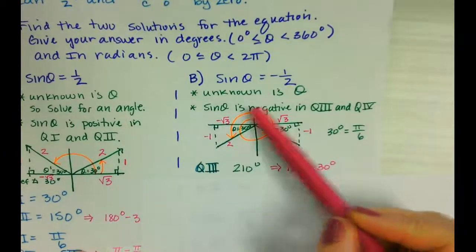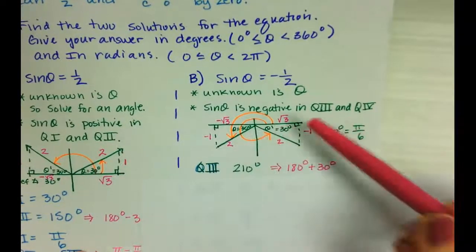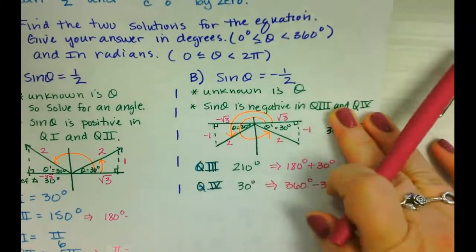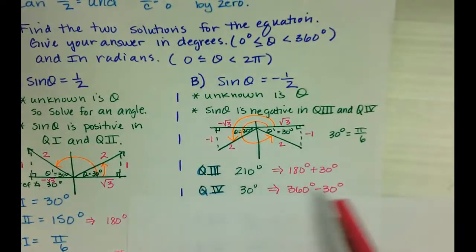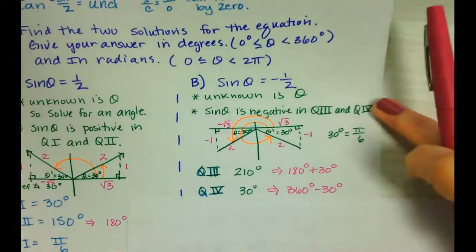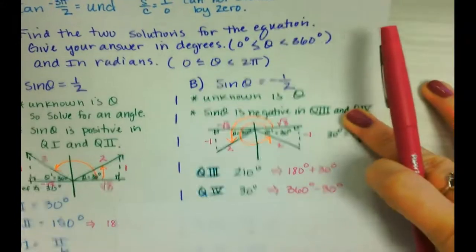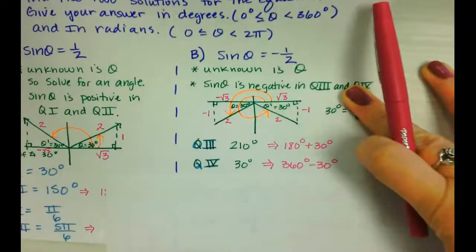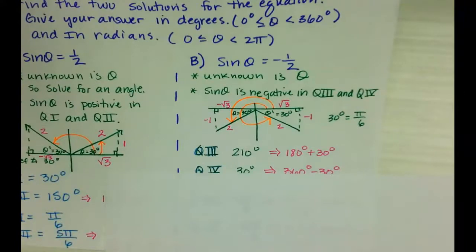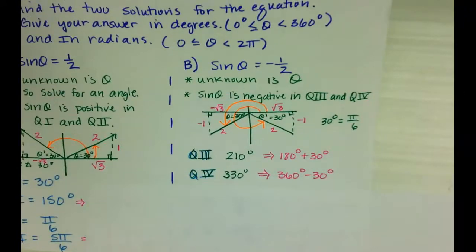And now I need to go all the way around here. So I know the reference angle is 30 degrees, so I can take 360 minus 30 degrees, and that's going to give me 330 degrees.